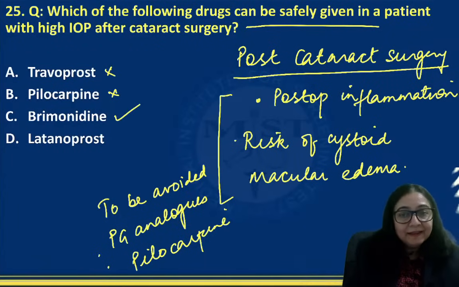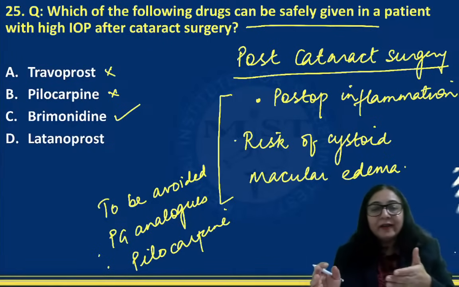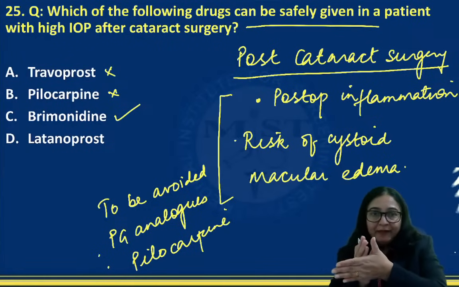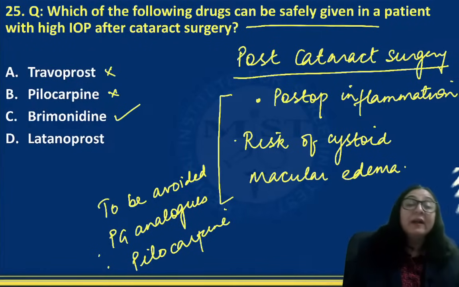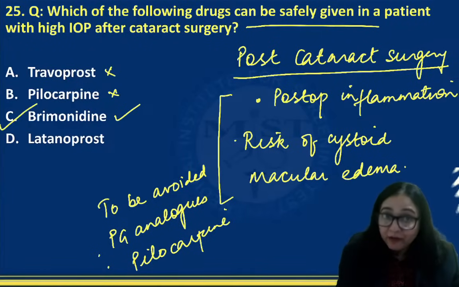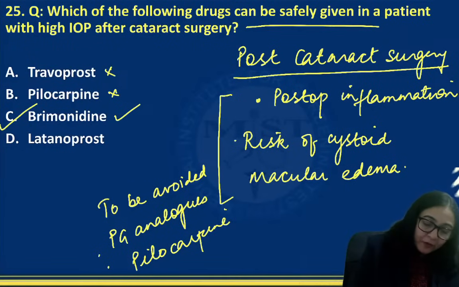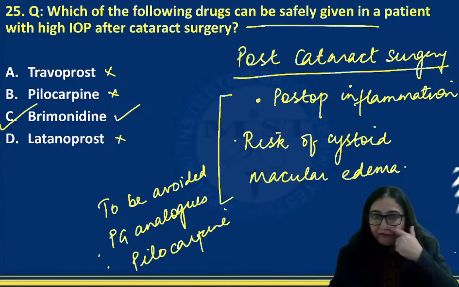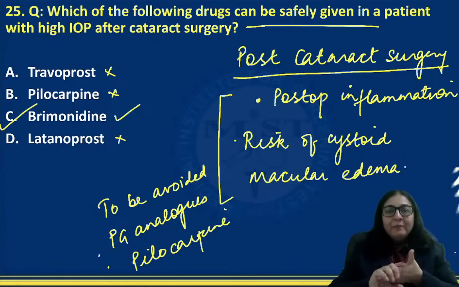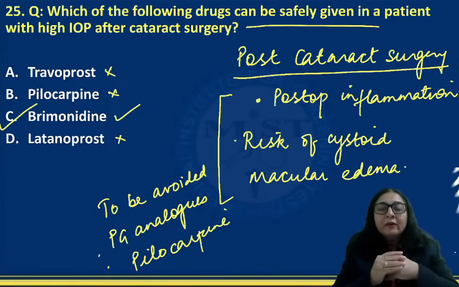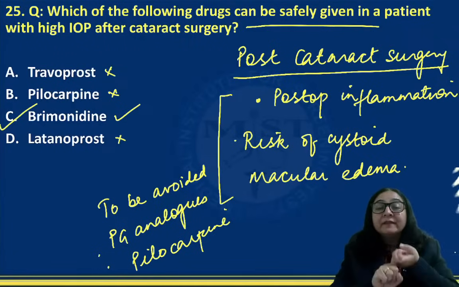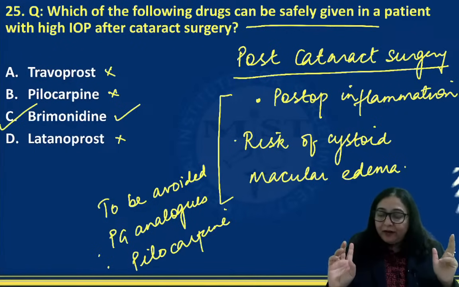Brimonidine does not have any contraindication related to inflammation or cystoid macular edema, so you can safely give brimonidine for the pressure control. Latanoprost, again a prostaglandin analog, so you will not give. So in this scenario, if there is a pressure to be controlled in a patient post cataract surgery, avoid prostaglandin analogs and pilocarpine.